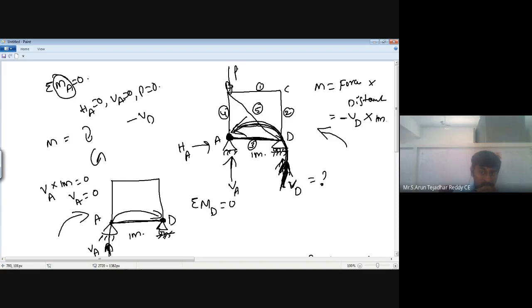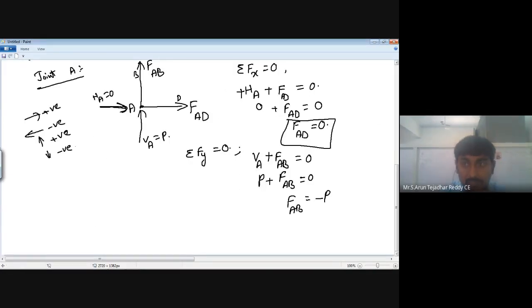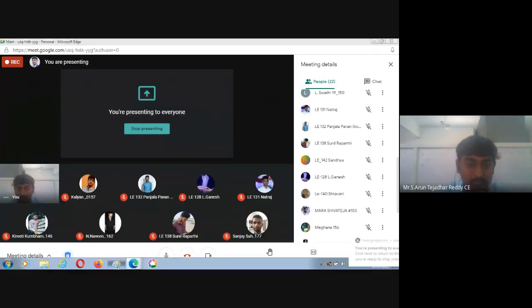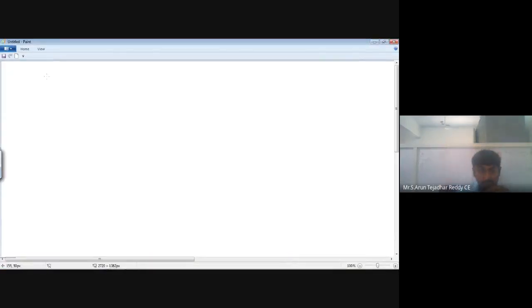Now take joint B as a reference. From B to A, one member is acting. B to C, one more member is acting. B to D, another member is acting. So totally 3 members are acting at joint B. From B to C, one member is acting.